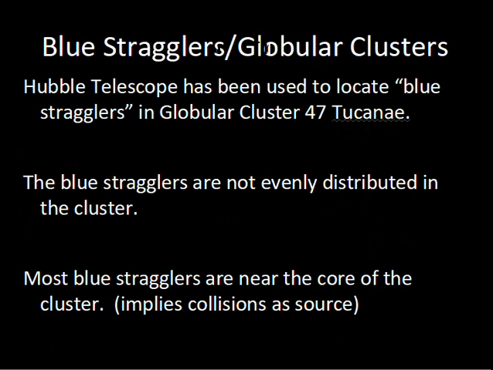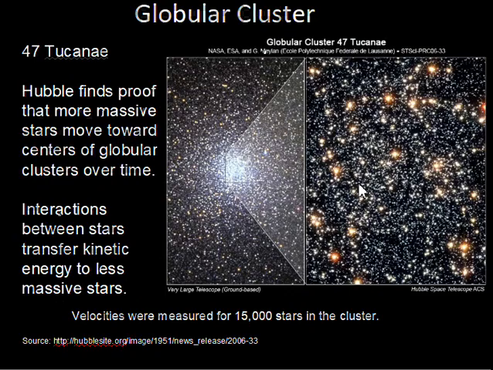Another example of a globular cluster, and Hubble, I think, at the bottom here, was able to measure velocities for 15,000 individual stars in this cluster. With the Hubble telescope, it's not just a blur of light, but individual stars can be imaged and measured.